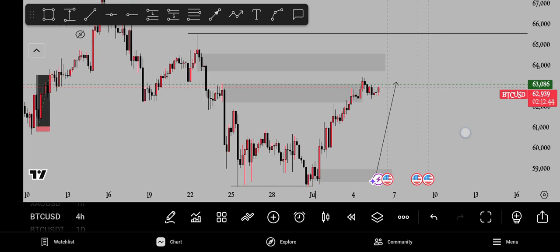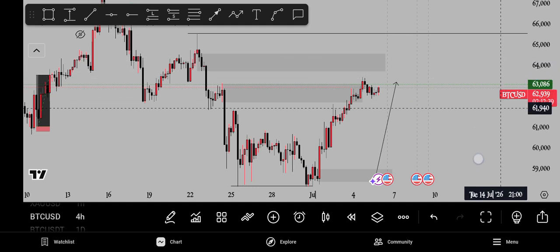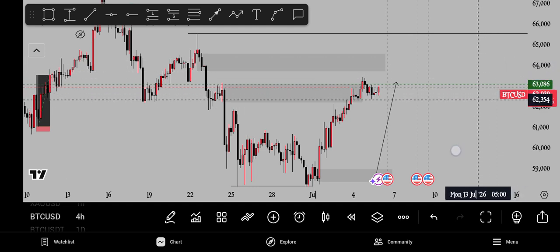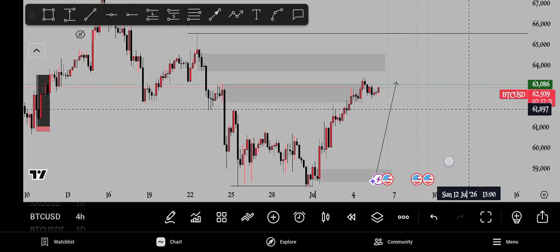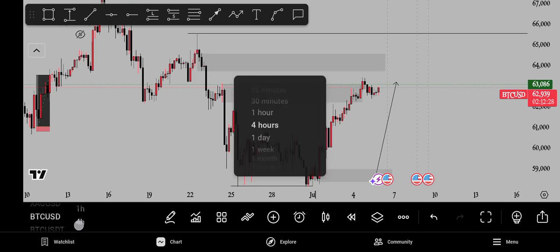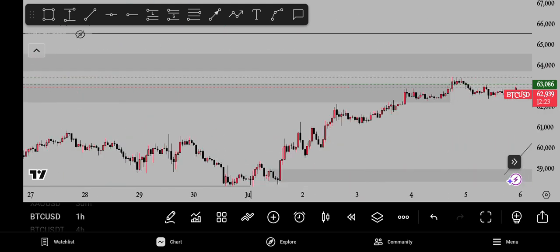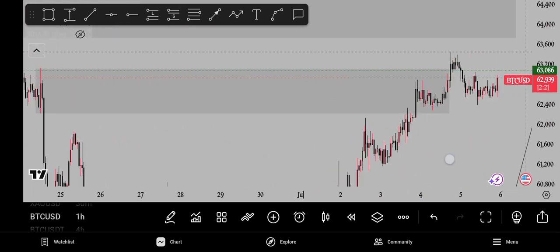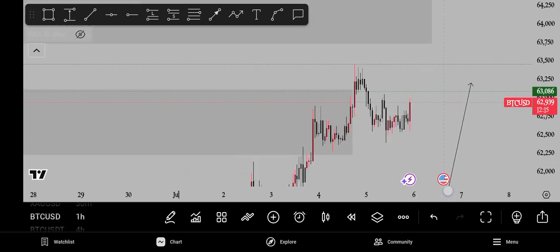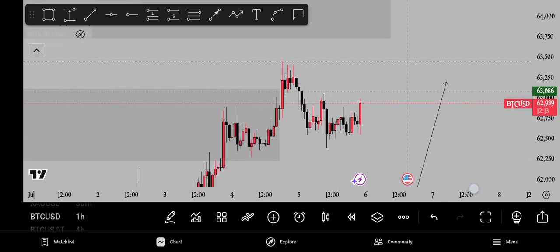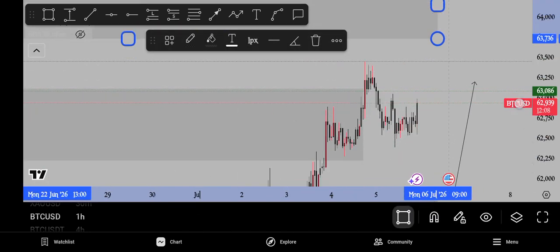Waiting for price at those demands. Let's wait for this supply above to see how price reacts from it.